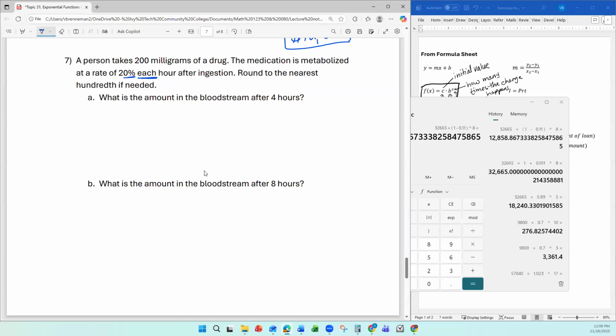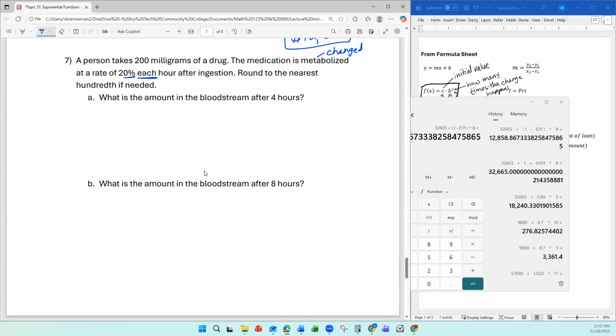So, a person takes 200 milligrams of a drug. The medication is metabolized at a rate of 20% each hour. So again, metabolized, you don't need to know that word. The medication is something at a rate of 20% each hour. That word is the change word. So say changed in some way. Even if you do know what that word means, you still have to think about, is this increasing or decreasing?